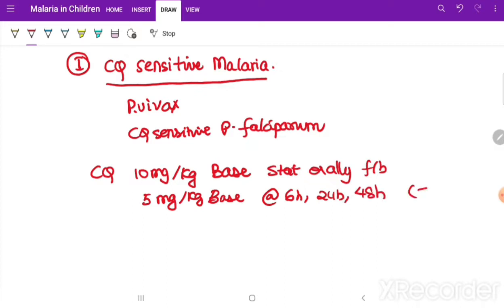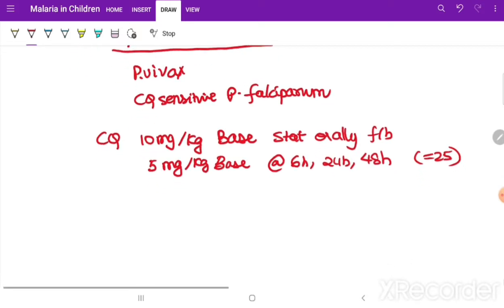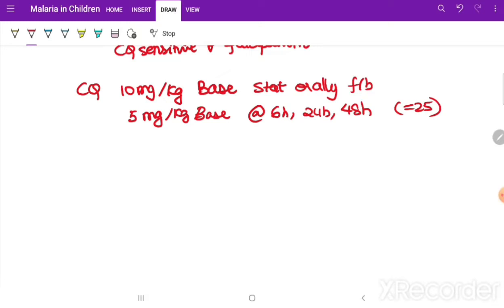So total dose becomes 25. Okay, 15 plus 10, so we have 25. Then otherwise you can follow another regimen which we follow commonly.